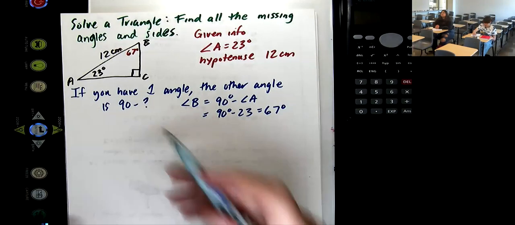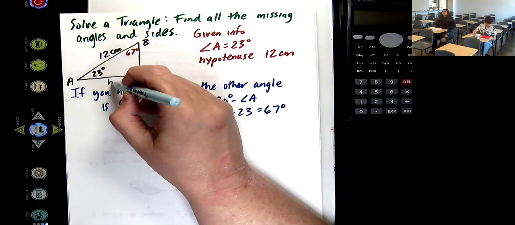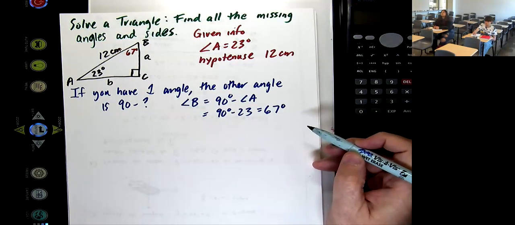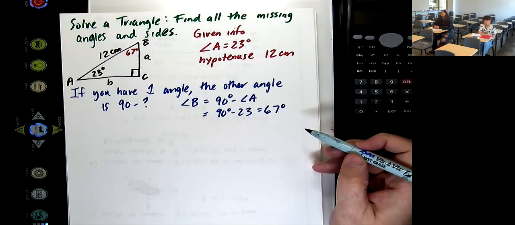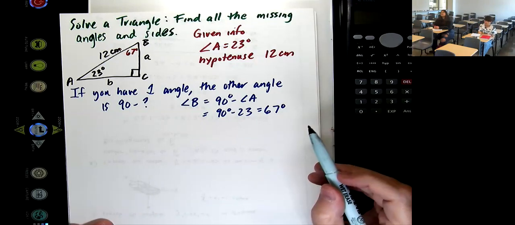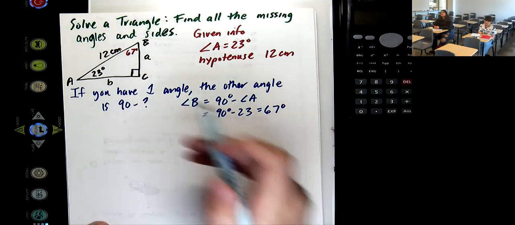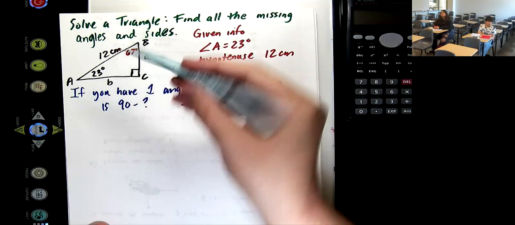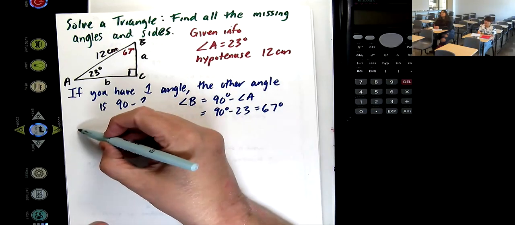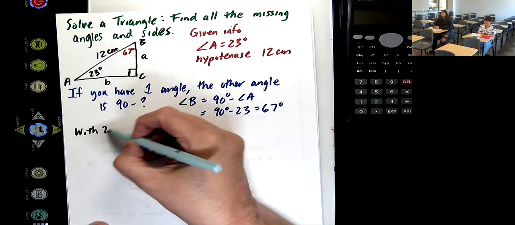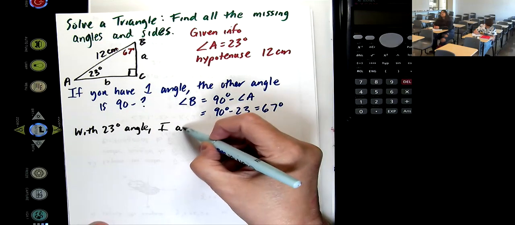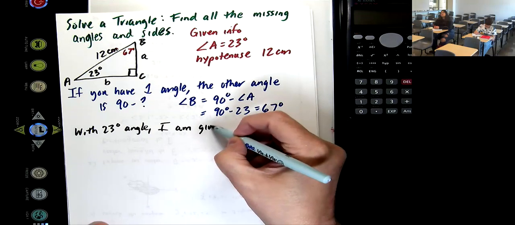I want to find out what sides B and A are. I don't know what those are. So we do have some equations though. If I start with 23 degrees, I am given a 23-degree angle. I am given the hypotenuse.